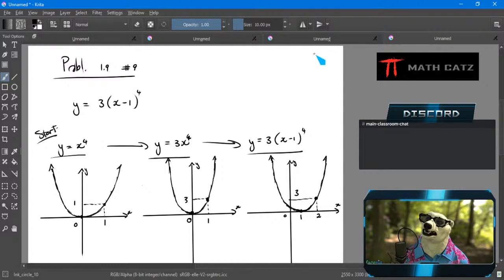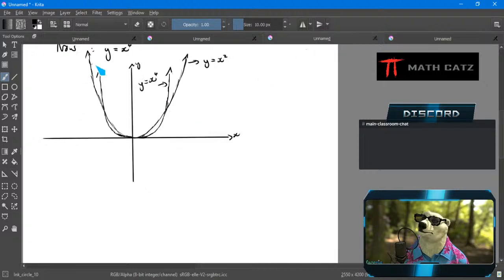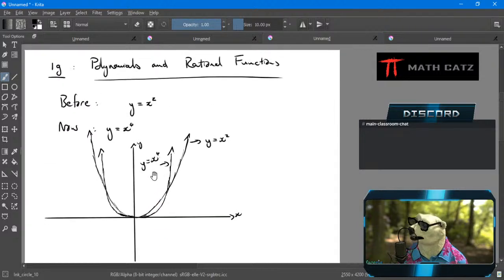Do exactly the same thing, and my basic graph doesn't even look that different. When I put them on top of each other, they are different, but when it's just by itself, I can't really tell them apart. So now I have actually infinitely many basic functions.